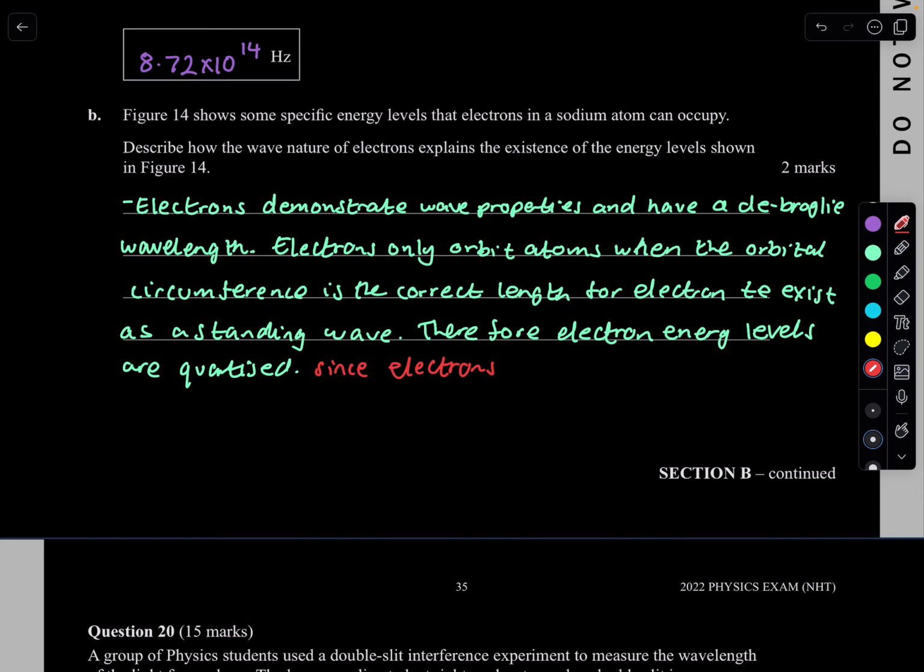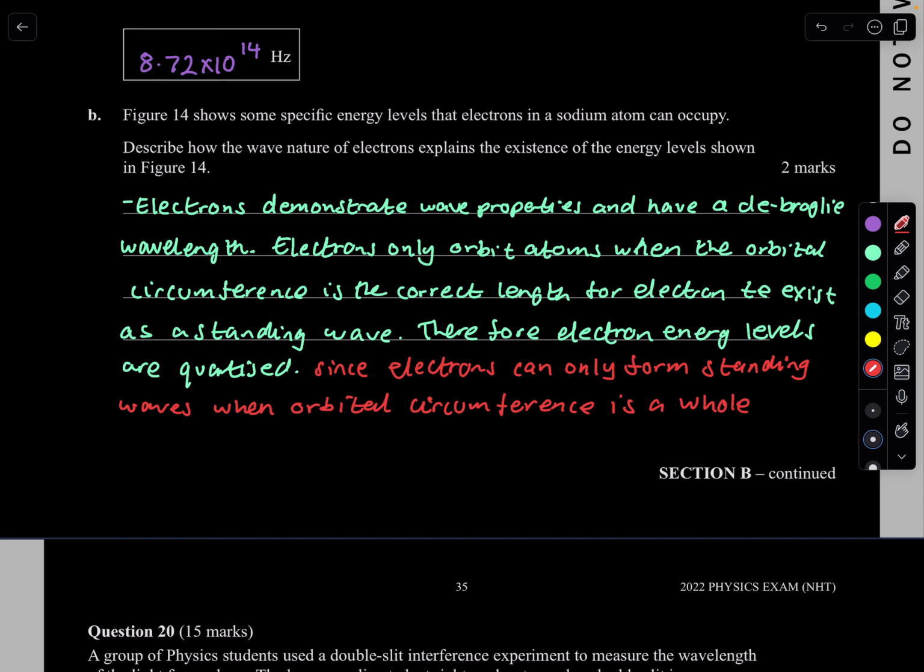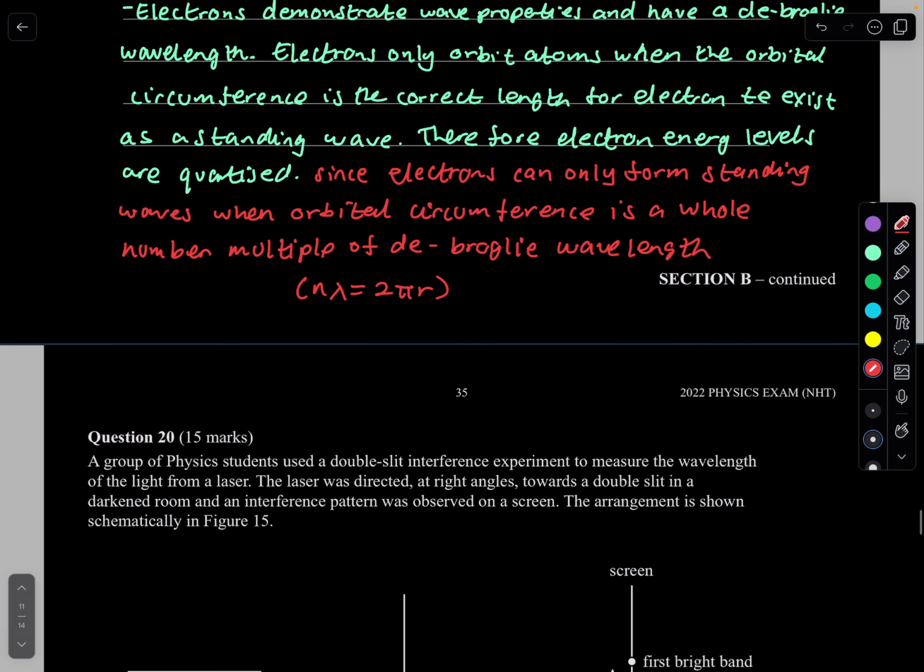So since electrons can only form standing waves when the orbital circumference is a whole number multiple of the de Broglie wavelength, this is the formula: n lambda equals 2 pi r, the circumference of a circle. Beautiful. All right. Question 20.